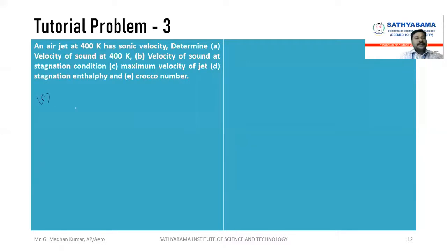C. Maximum velocity is C max. So for this C max, so C max square by 2 is equal to A naught square divided by gamma minus 1. We just simply use this relation and find the value of C max, right? Is equal to what is your A naught square?